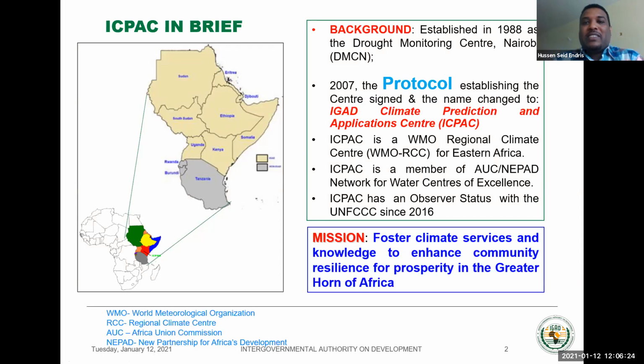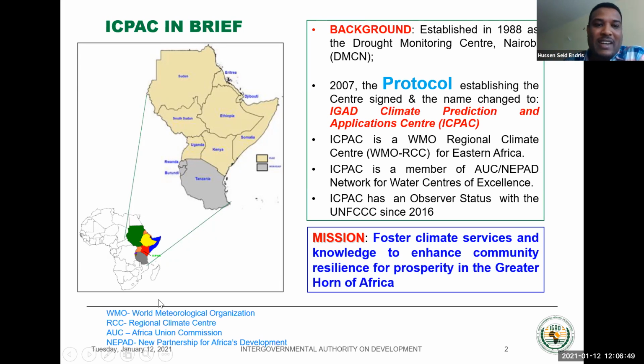Currently, ICPAC is a WMO regional climate center for Eastern Africa. ICPAC is also a member of the AUC and the NEPAD network for water centers of excellence. ICPAC also has an observer status with UNFCCC since 2016.